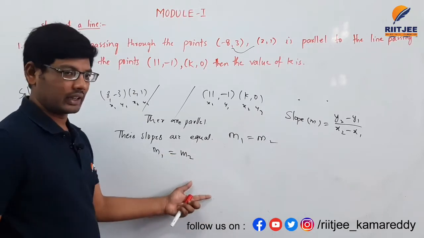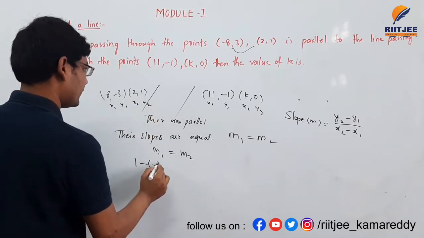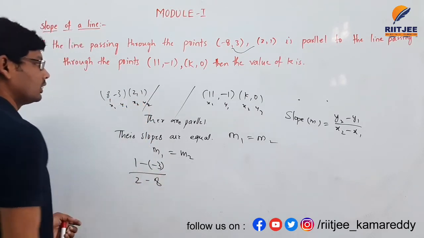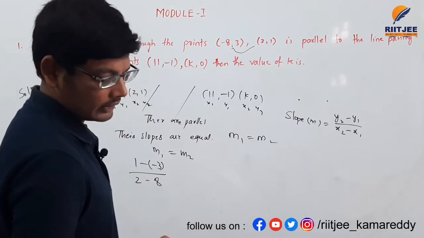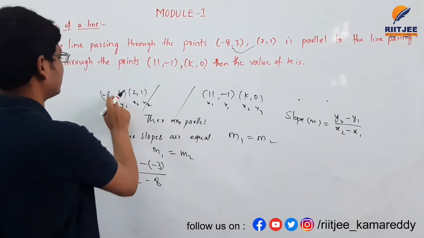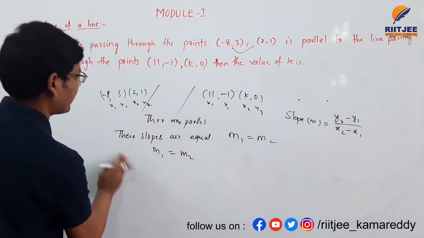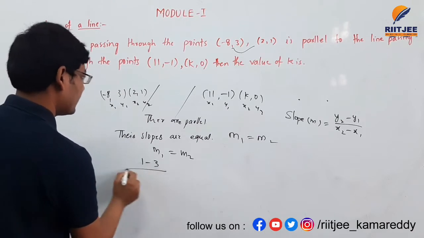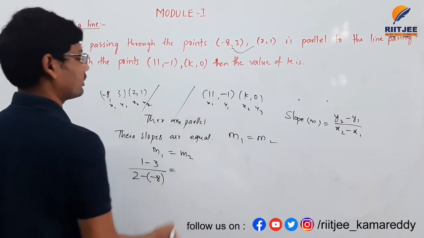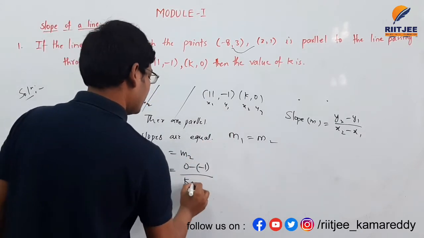No need to write all the steps here, I am writing just for understanding. Our question has minus 8 and plus 3, so m1 is 1 minus 3 divided by 2 minus of minus 8, and this is equal to m2. m2 is 0 minus of minus 1 divided by k minus 11.